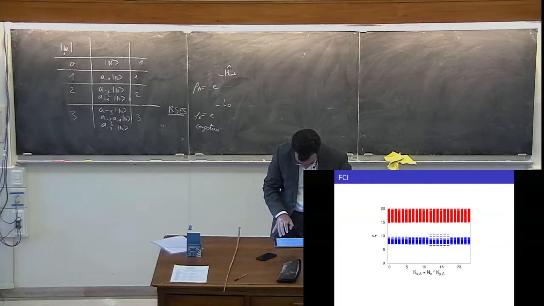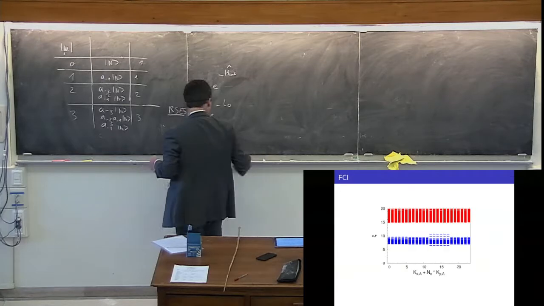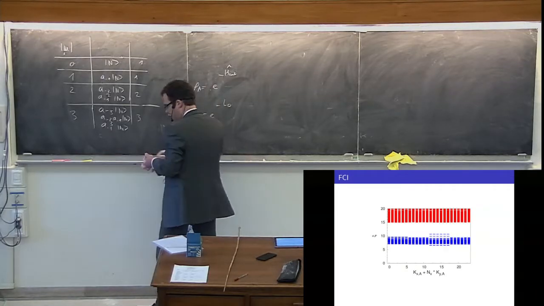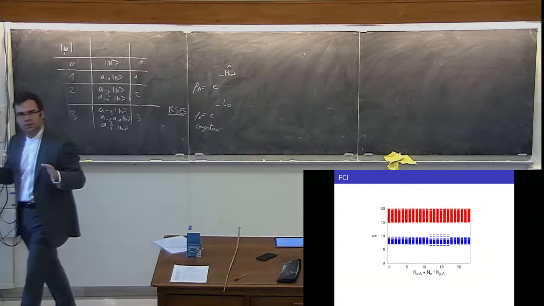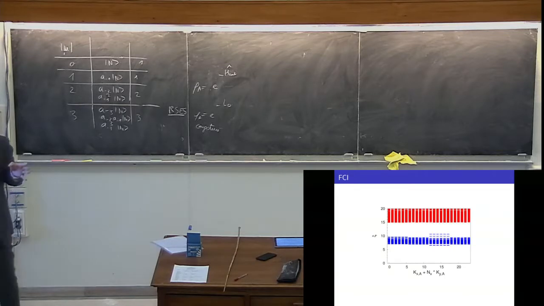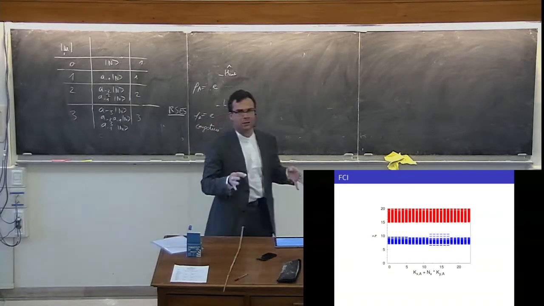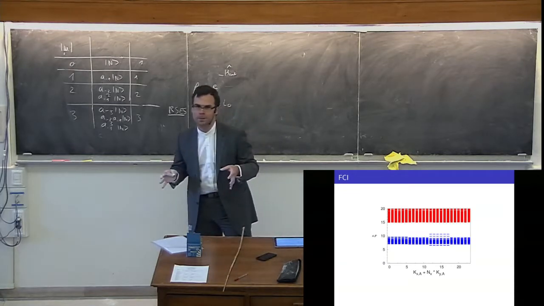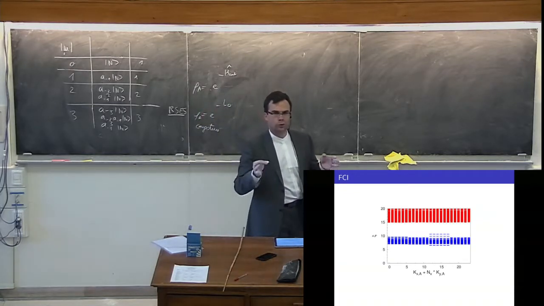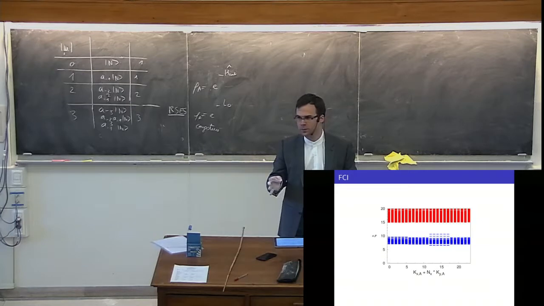Okay, so maybe one last thing. Right now, I told you that we have an infinite matrix. Once again, in a computer, you won't be able to put an infinite matrix. You have a finite amount of memory. So you will need to do a truncation in your Hilbert space, right?